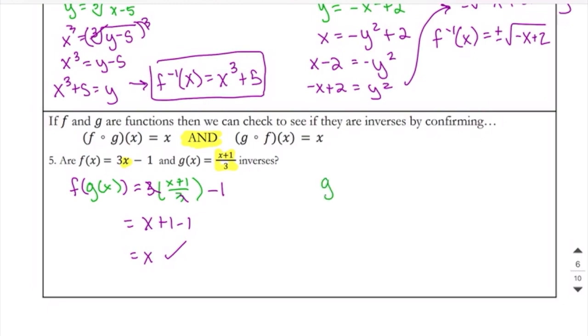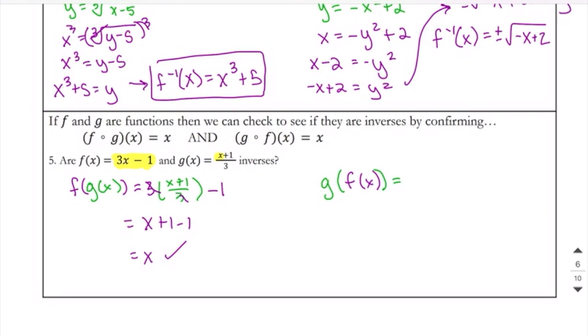So this time we're going to check g of f of x and make sure that it also gives us x. So this time we're plugging this in for this x.